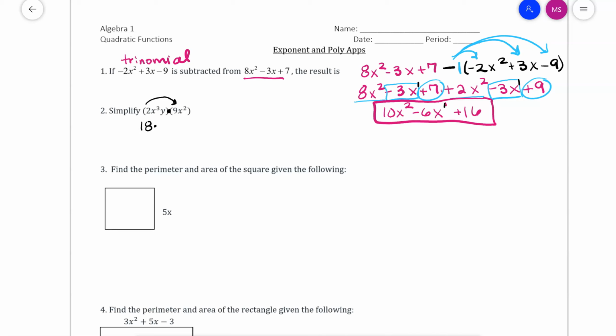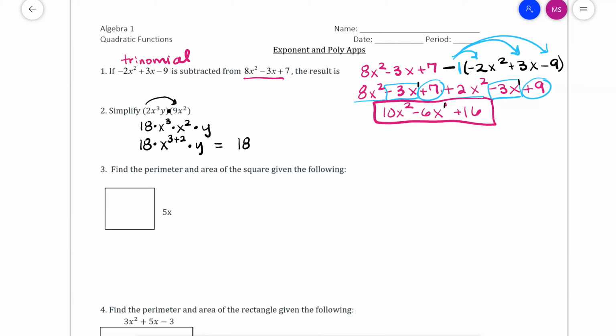Then you have x cubed times x squared. That's the x squared right here. So I'm just going to rewrite them next to each other, so I can go ahead and multiply. When I multiply with exponents, you add the exponents. So when your operation's multiplication, you add the exponents, and then you have times y.